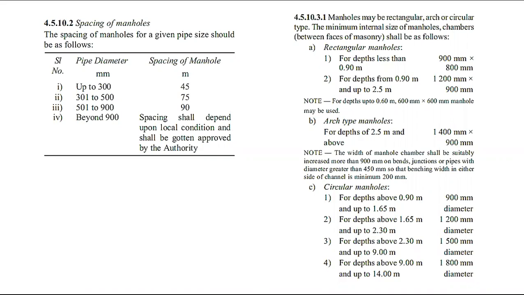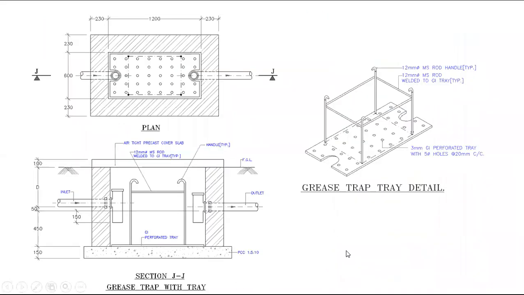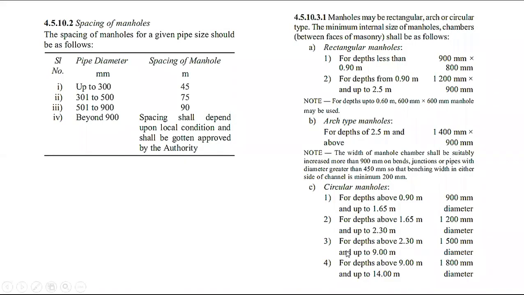Previously I worked in Qatar. We worked on a Qatar government project. There you will get 12 meter depth manholes. 12 meter depth manholes we have designed. At that time we provided 2 meter diameter manholes. That was also very troublesome.